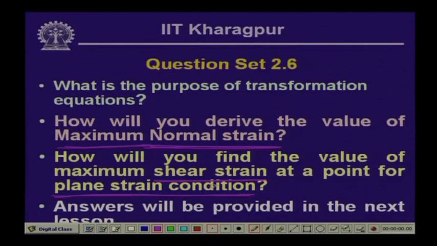Exactly in the similar line, as we have seen today, we have computed the transformation equations, the principal strain, and the principal angle. Now, we can compute the maximum shearing strain and the angles for the maximum shearing strain, and in which they will be acting, maximum and minimum shearing strain. So, this is the question, how will you find the value of maximum shear strain at a point for plane strain condition corresponding to the strains epsilon x, epsilon y and gamma x y.